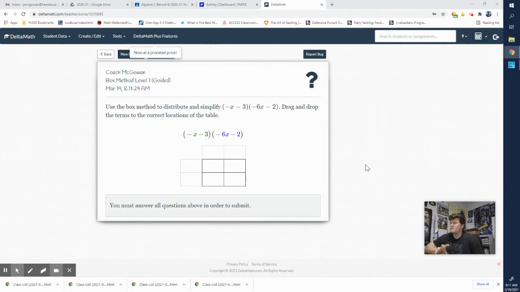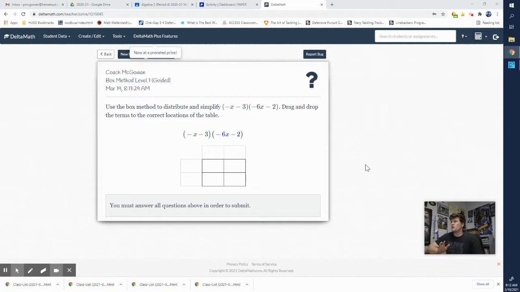Hey, building off of our polynomial operations here, we did adding, we did subtracting, we multiplied with monomials, one term times one term. We multiplied binomials, a two term times a two term. Now we're going to build into it a little more with pretty much any type of polynomial by using this next method called the box method.